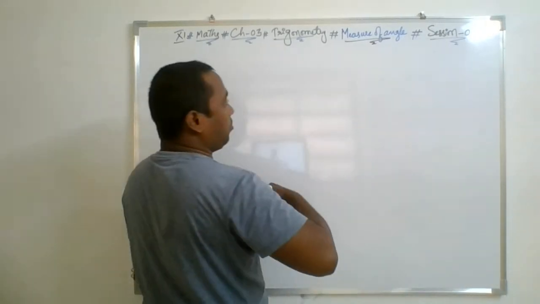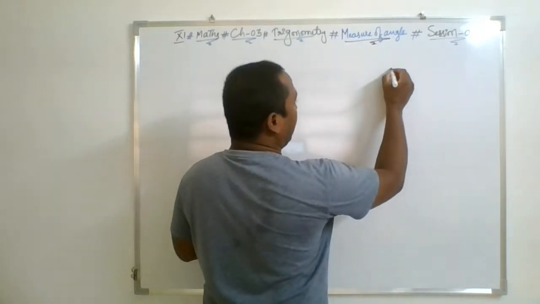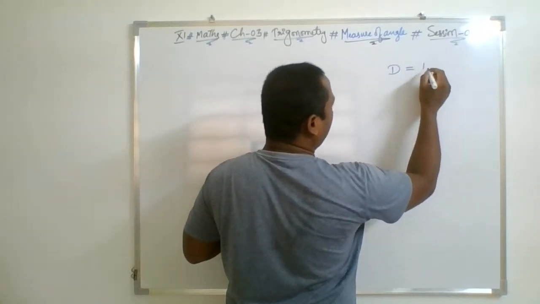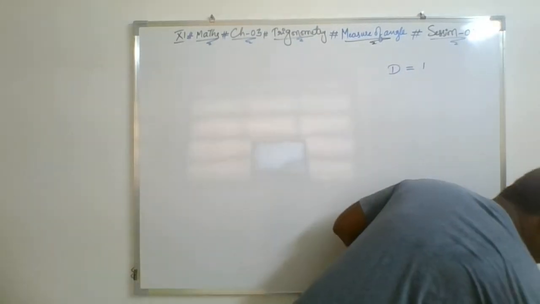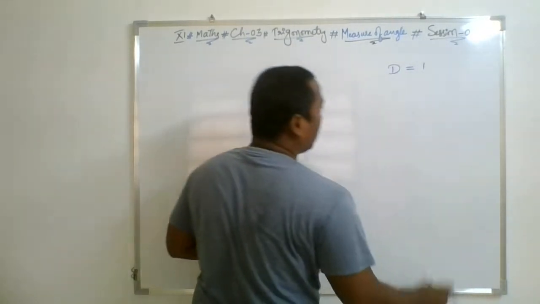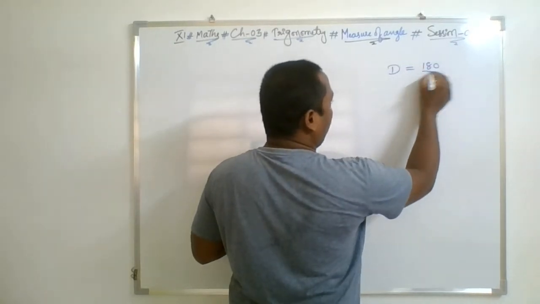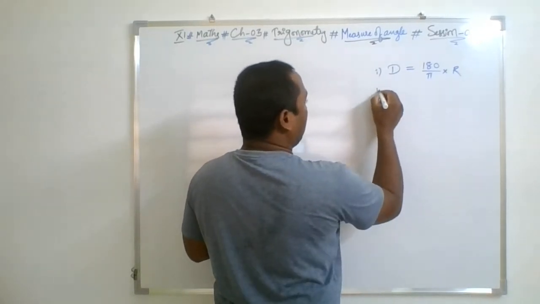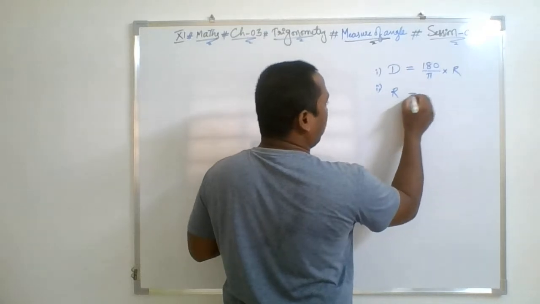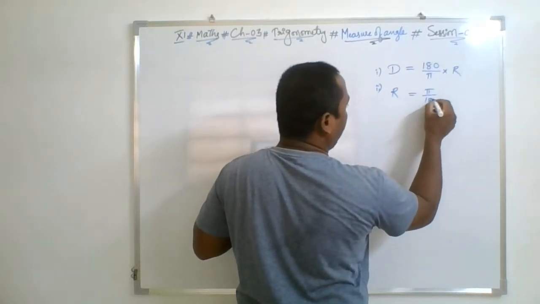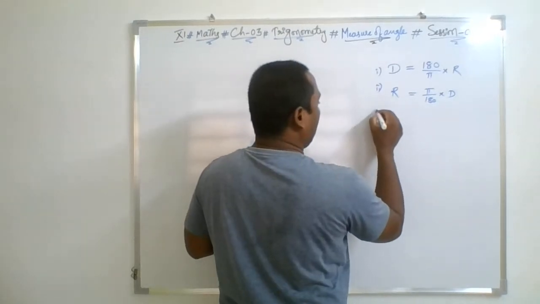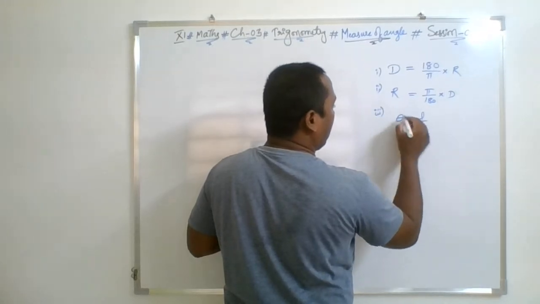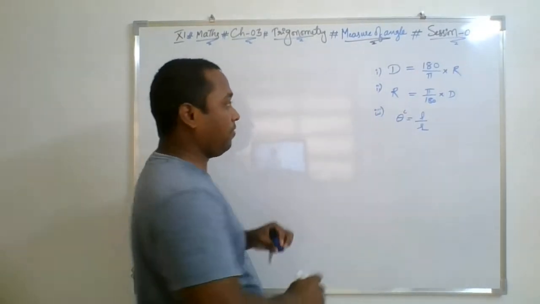See, I'm just writing that the degree measure is nothing but pi by 180 into the radian measure, the first formula, and the second formula to convert into radians, we are writing 180 by pi into degree, and the third formula is theta radian is nothing but L by R. Circular measure, three formulas.